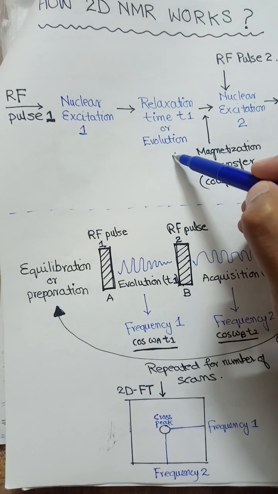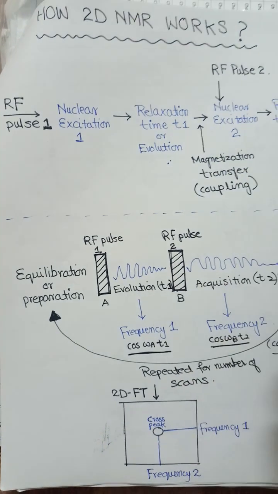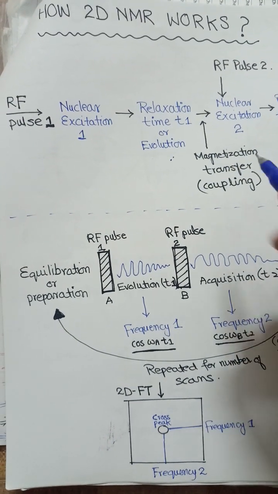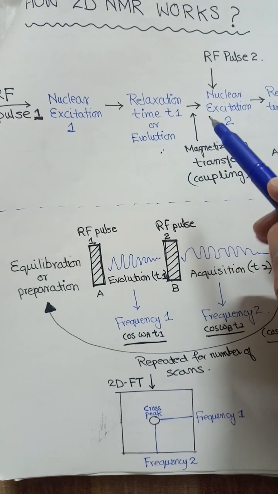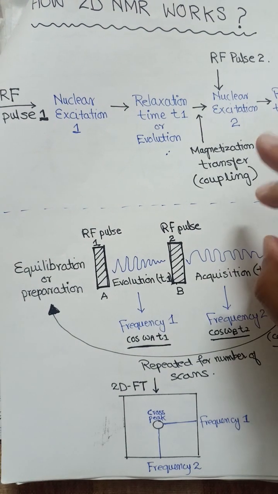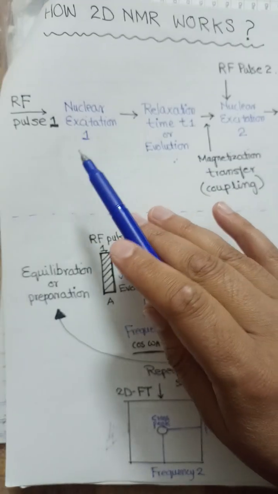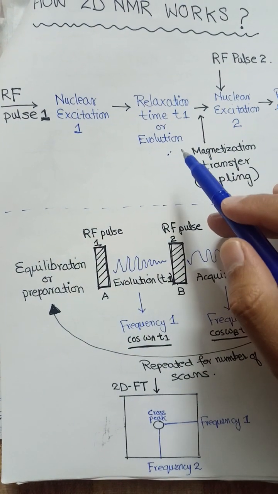So this is evolution 1, where the nuclear spins relax and produce a sinusoidal curve, which we studied in our previous videos. You can watch my previous video for nuclear excitation or RF pulse and then spin relaxation.